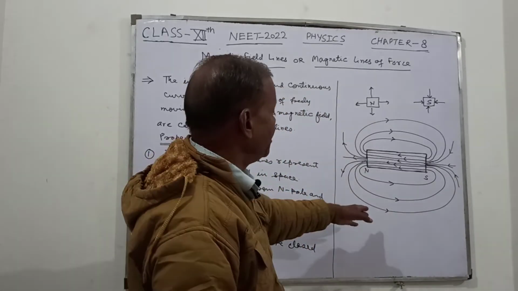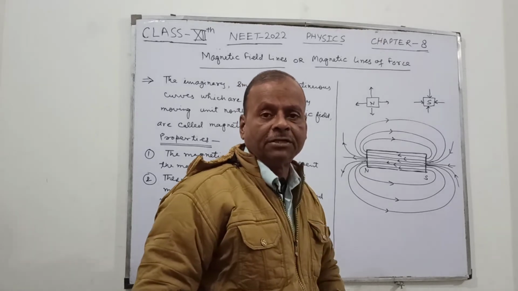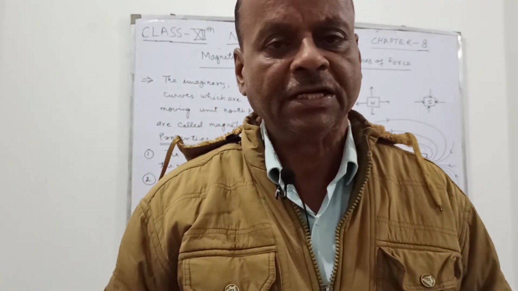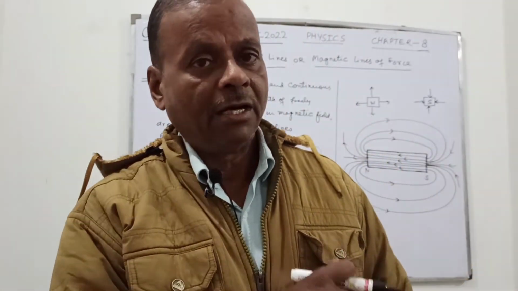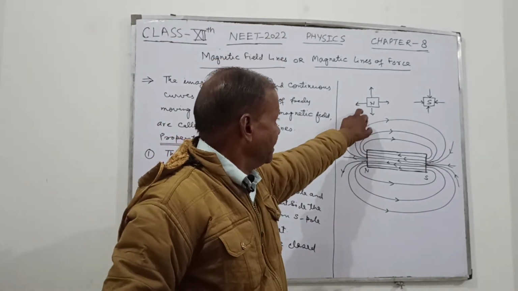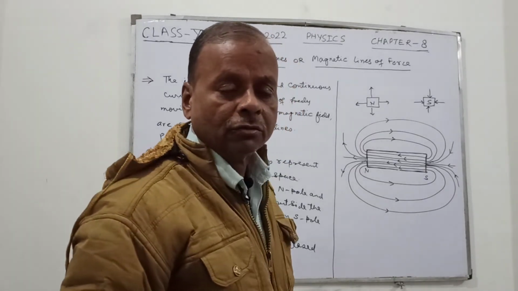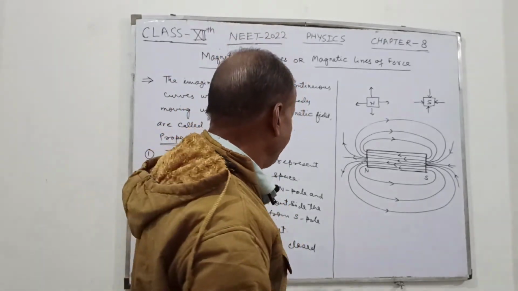So these are the magnetic field lines of a magnet. But when we take the independent north pole and south pole, then it is like this. So this is how to draw the magnetic field line.